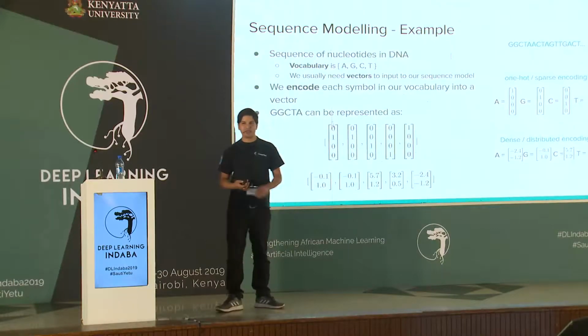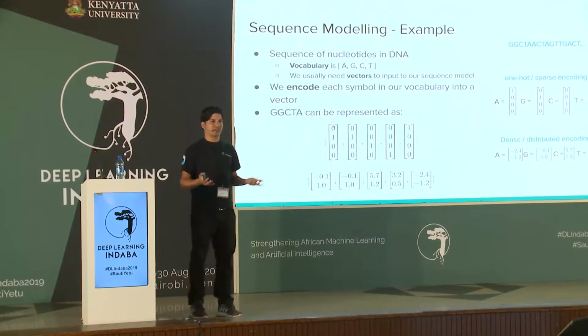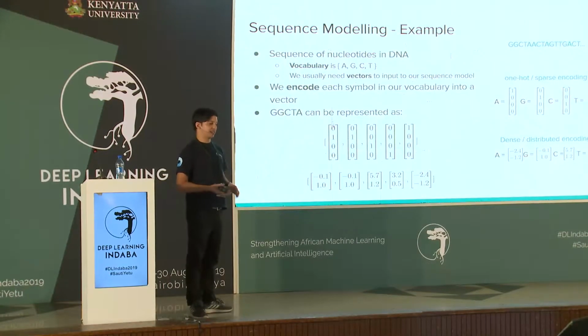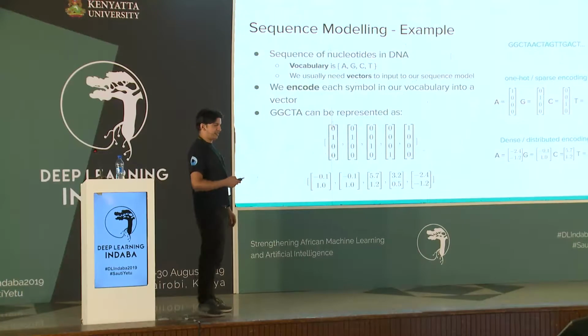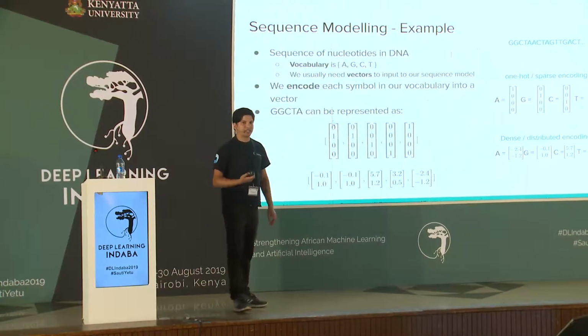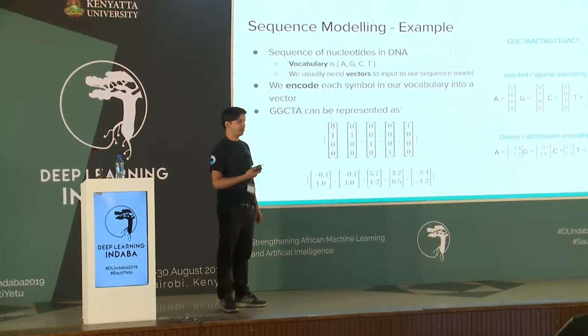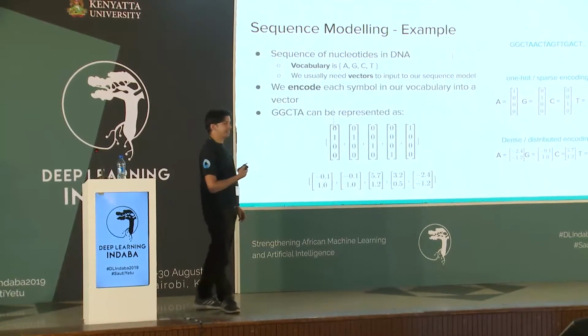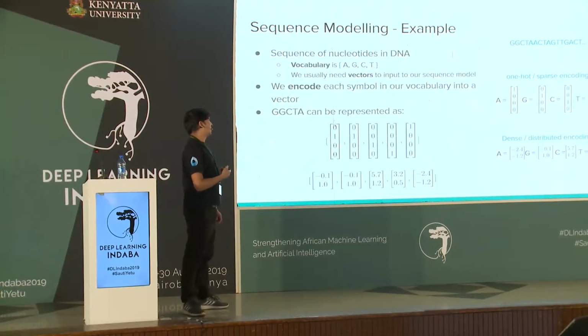So instead, what people generally do is use one of two techniques, which we call encodings. The first one is a so-called one-hot encoding. This is based on a similar idea to assigning a number to each of these letters. So we'll say A is 1, G is 2, C is 3, T is 4.